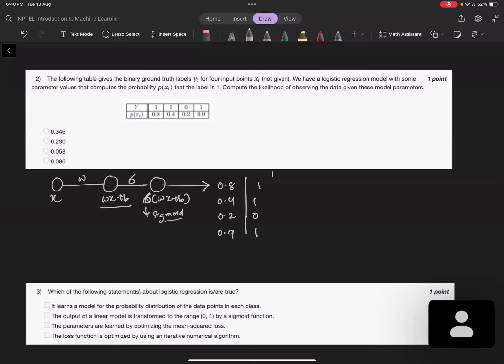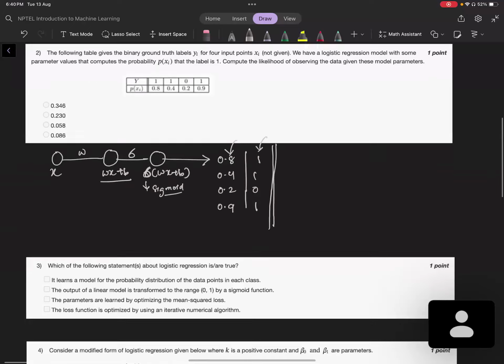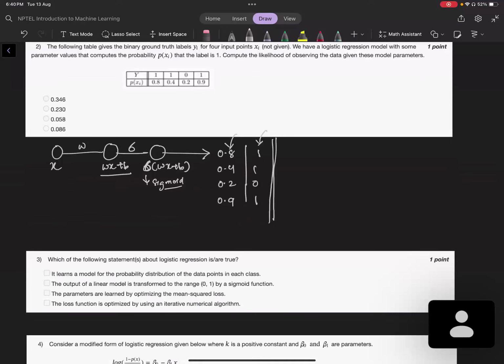So you must have known the likelihood maximization that we do. We maximize the likelihood of our predicted data as compared to the true label, right? And the formula for likelihood is like a binomial equation.